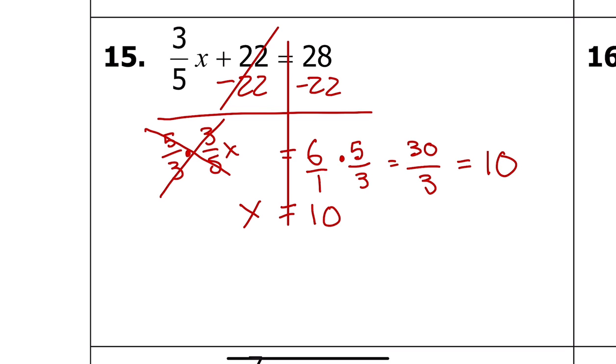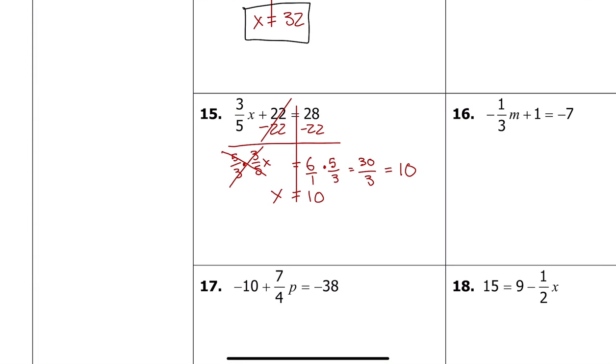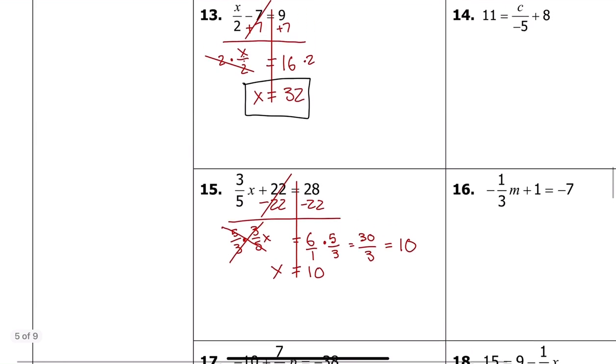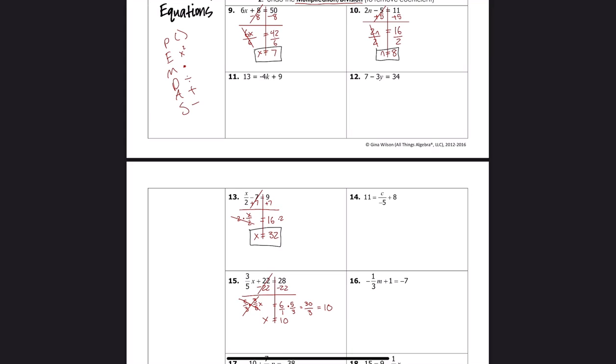So that is one that looks like that. But these 3 types are going to be the main ones that we see. One's up here where we had the add or subtract and then divide.